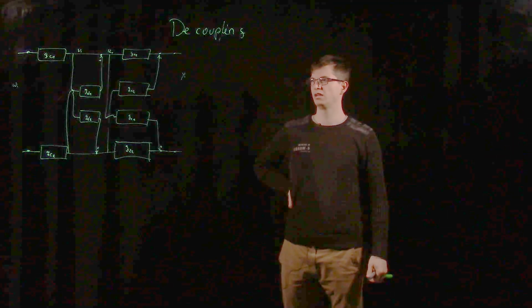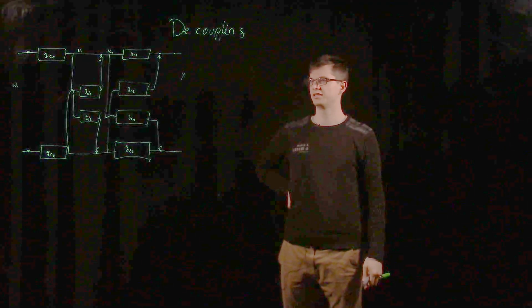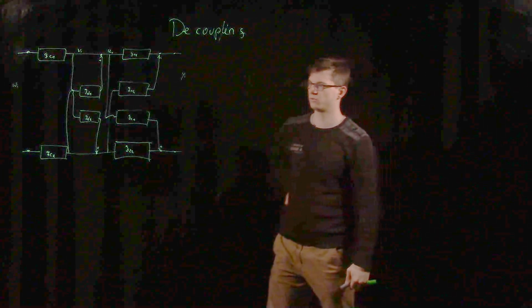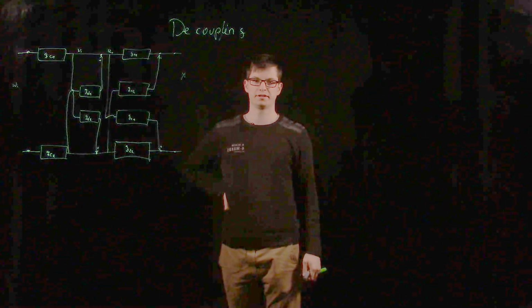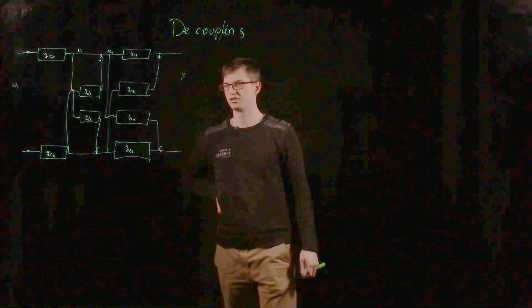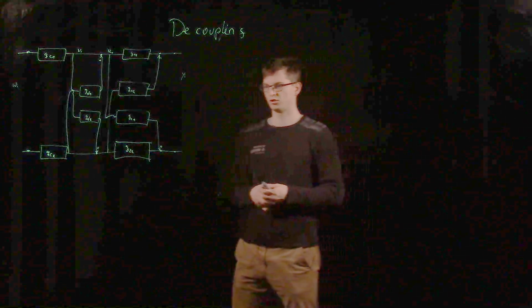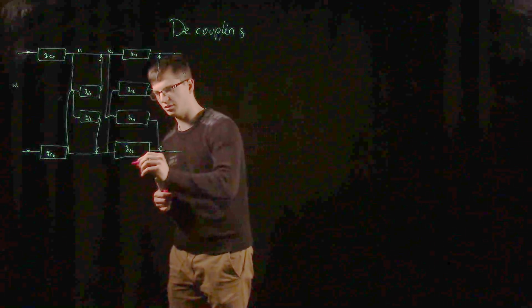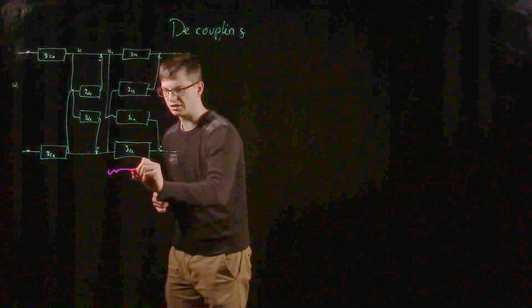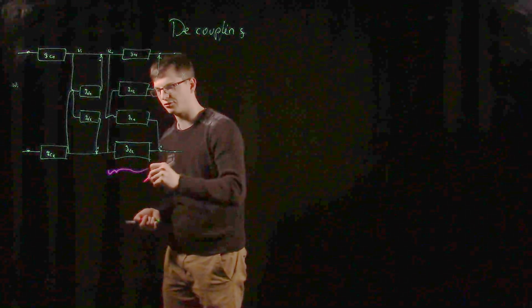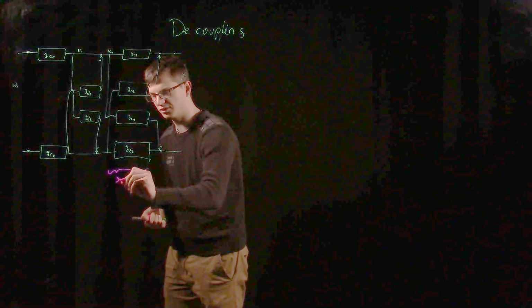Now we really want to decouple the system, and therefore we assume the system that we've introduced in the last video. So in this example, this is our plant site, our real world example, this is the system.